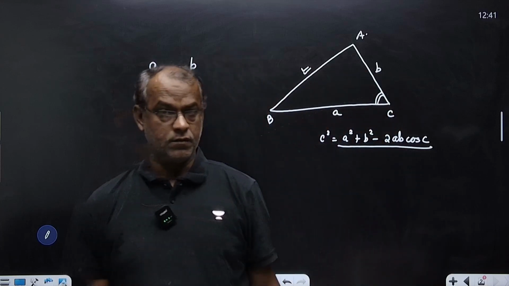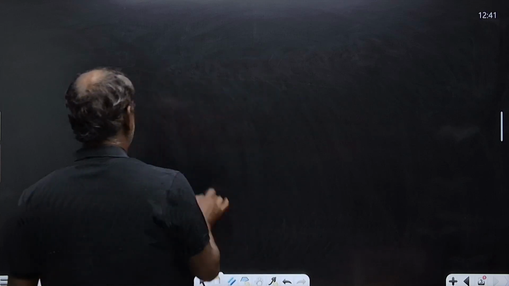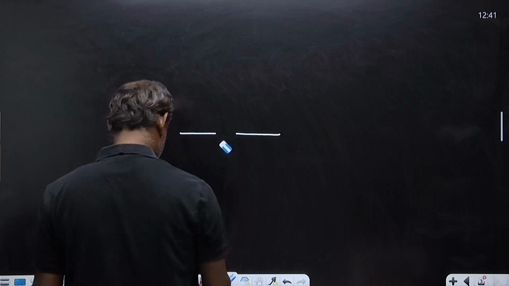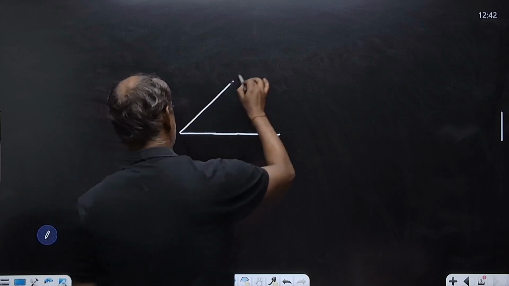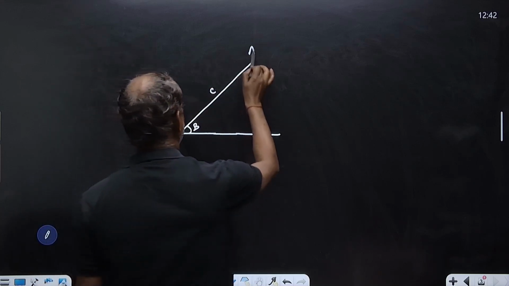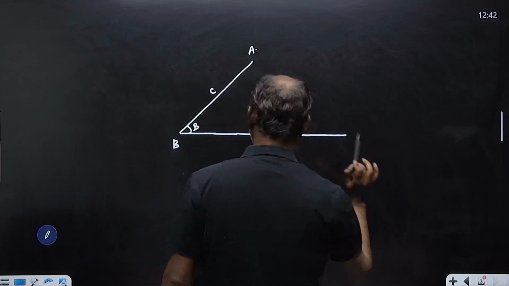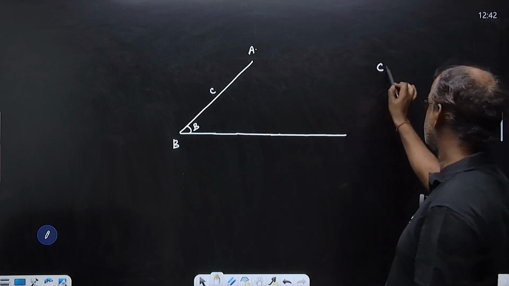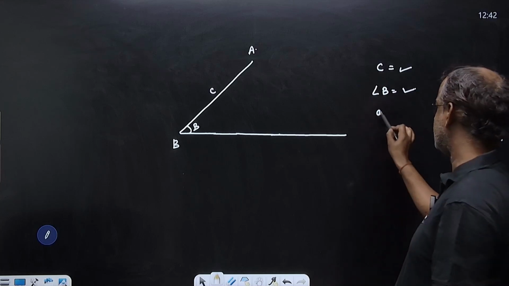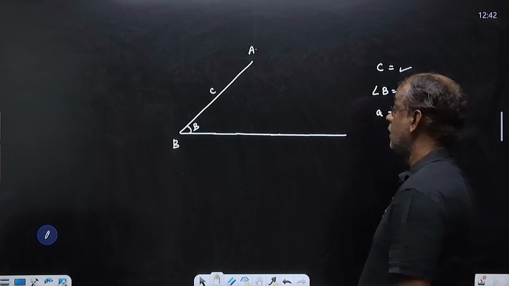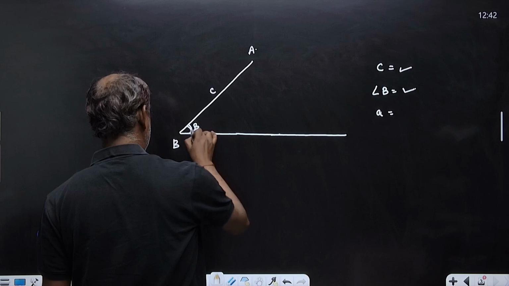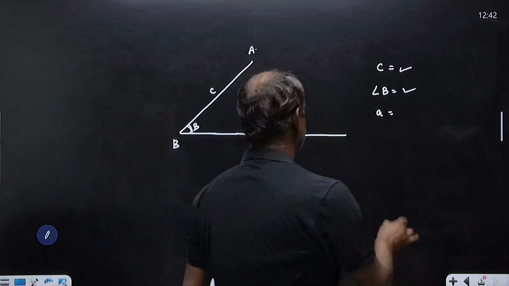But if the angle is not included, suppose the situation is like this: I give you side c, angle B, and side b. Side b is opposite angle B, side c is given, angle B is given, and side b is also given.